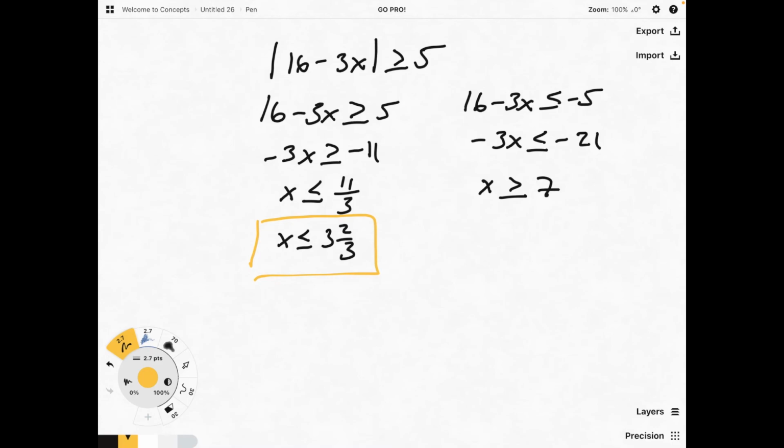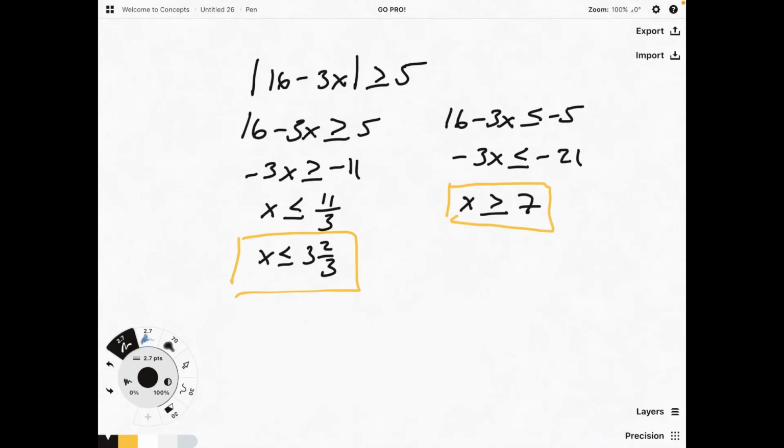X is less than or equal to 3 2/3, and x is greater than or equal to 7. If we look at this on a number line, we would get 3 2/3 and 7. And so x is less than or equal to 3 2/3.